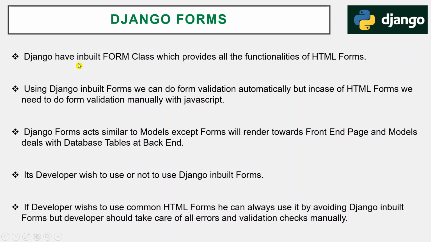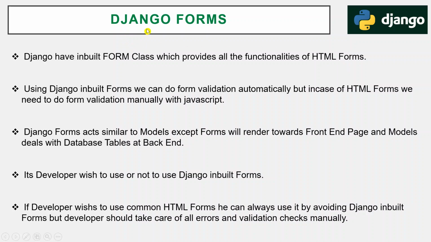Django has an inbuilt form class which provides all the functionalities of HTML forms. In the last class we saw how to create the HTML form for collecting user data and then how to store that user data into the DB. HTML form is a common method for collecting user data from the front end web page, right?